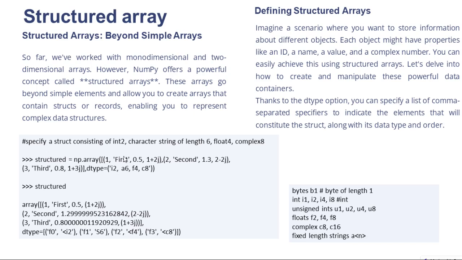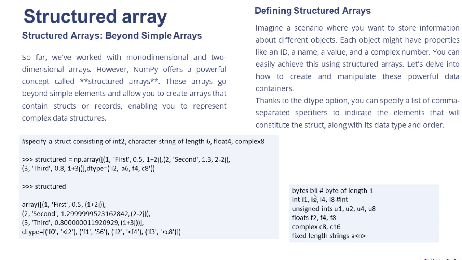So write here I2. The second item, let's say it's a string having characters of up to length 6. So it is represented as A6. The third one is a floating point number. Let's say it can take up to 4 digits. So you write F4. And the last one is a complex of size 8. So C8.